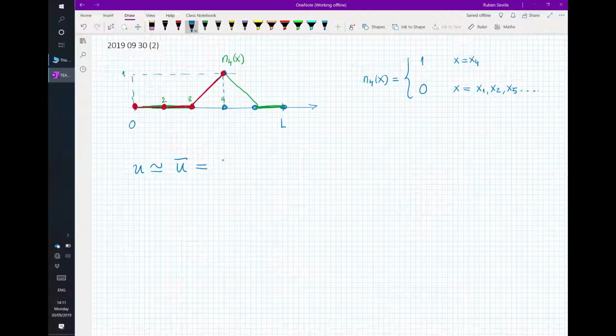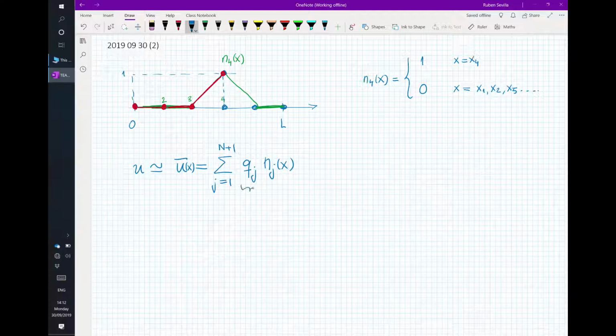What type of approximate solution we are looking for is summation of coefficients and shape functions. Okay, let's put the x in here. And I'm using the same notation as in the nodes. N plus 1 nodes, this means n elements.